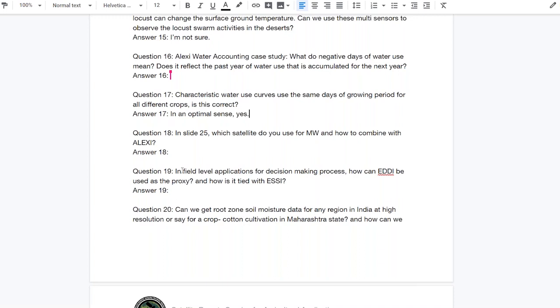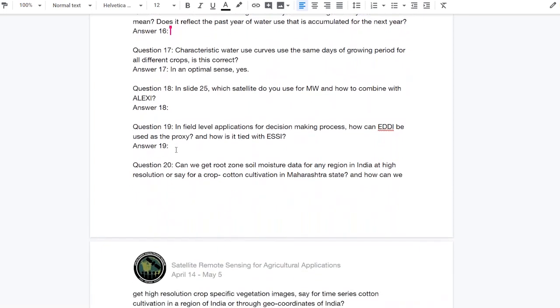Okay, question 18. In slide 25, which satellite do you use for microwave and how to combine with ALEXI? So there's a number of microwave sensors that provide, so we need that 37 gigahertz observation, a Ka band. There's a number of sensors that have been up over the last 20, 30 years and are still up.